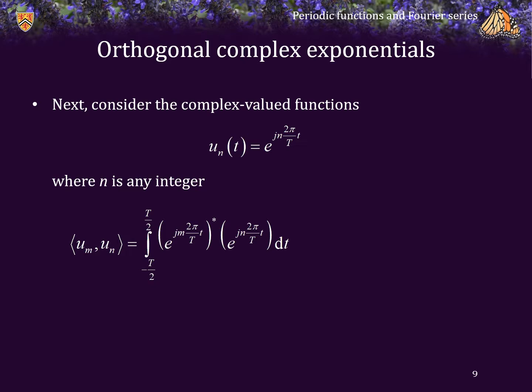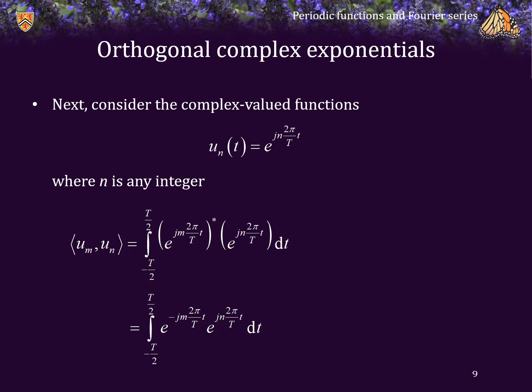Now, the function e to the jm 2 pi over capital T times t is just j times a real value. So the conjugate of that first function is simply e to the negative jm 2 pi over capital T times t. Now we have a product of two exponentials.